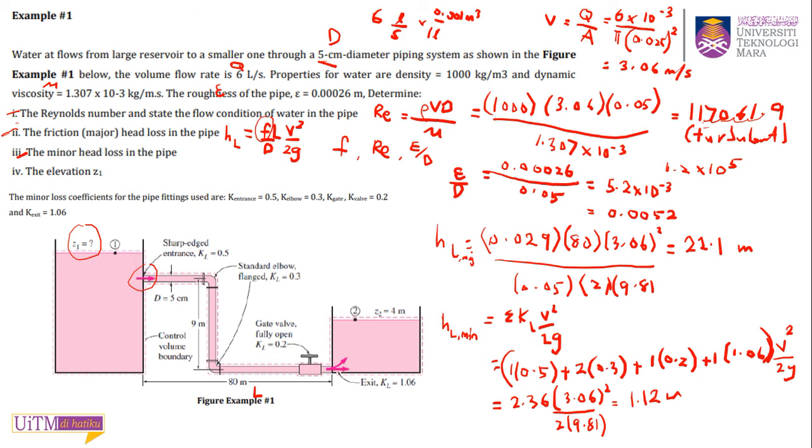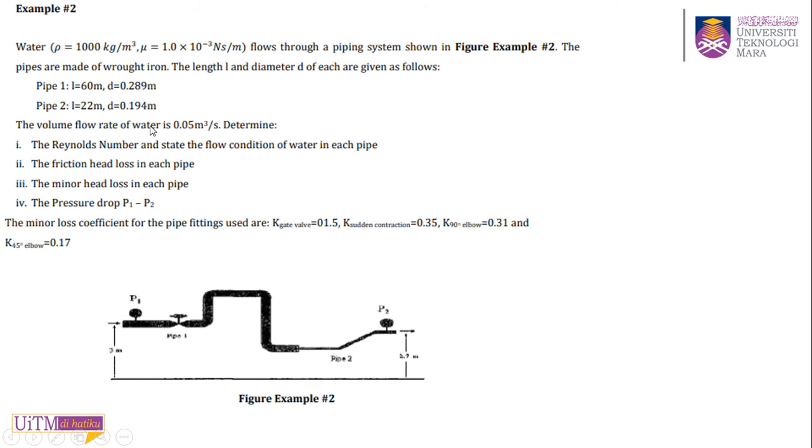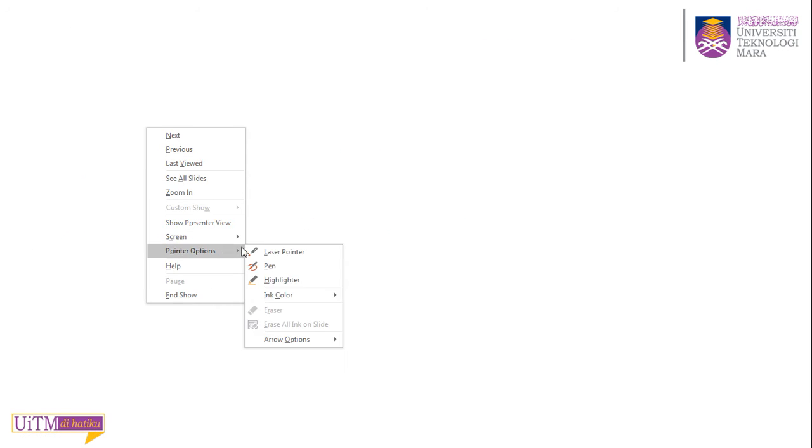To find the head, the Z1, the elevation, we need to use the energy equation. So P1 over rho G plus Z1 plus V1 squared over 2G.